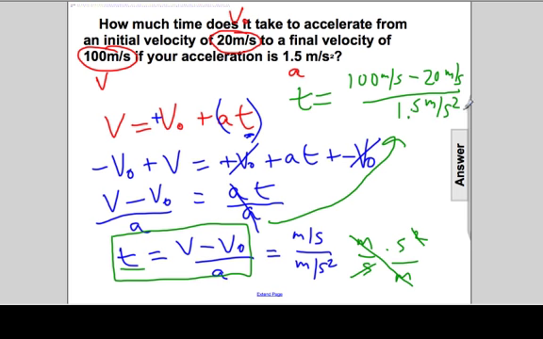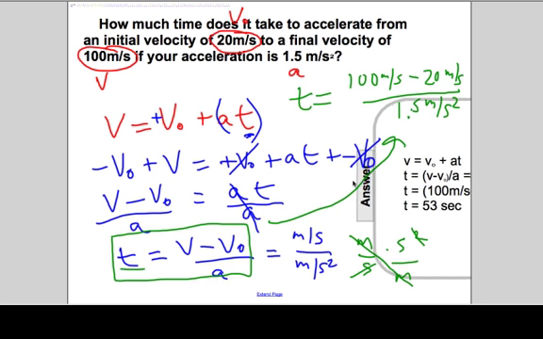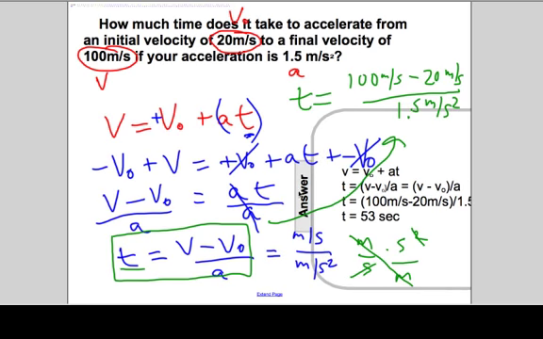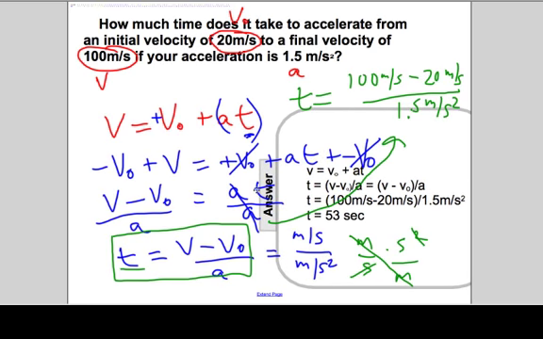Just put that decimal place in there. When we do the math, we get 80 divided by 1.5. And that time, again, we said it was going to be substantial, is 53 seconds. So that velocity change requires almost a minute because the acceleration is so low.